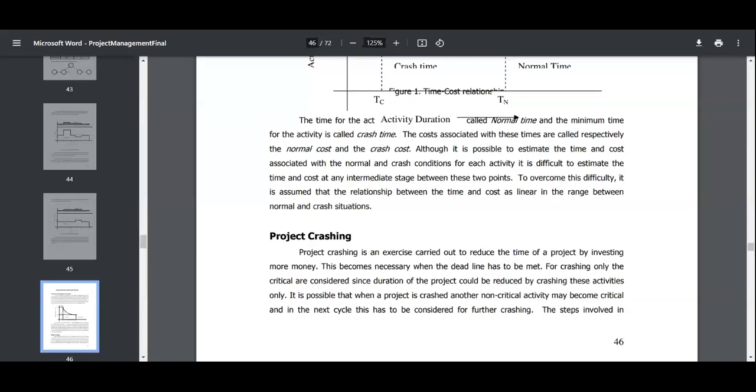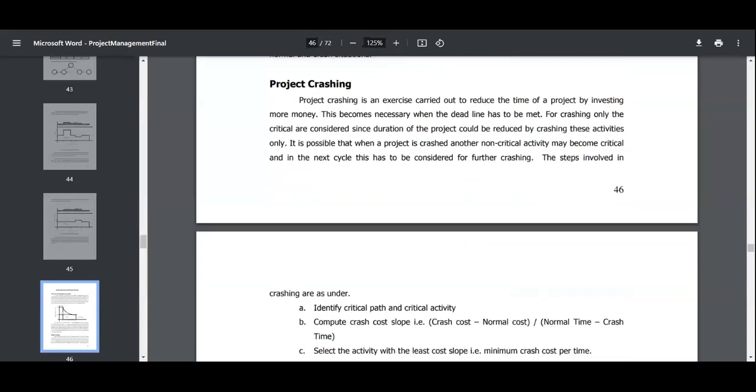Now the project crashing, what is project crashing? Project crashing is an exercise carried out to reduce the time of the project by investing more money. This becomes necessary when the deadline has to be met. For crashing, only the critical activities are considered, since the duration of the project could be reduced by crashing these activities only.